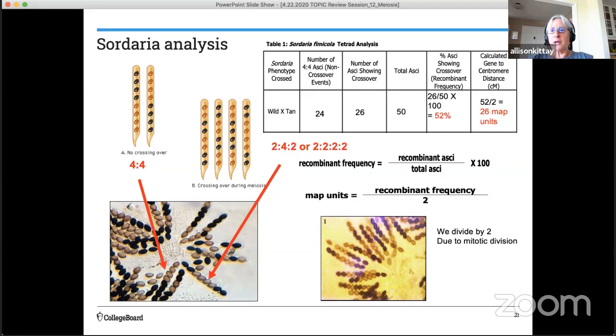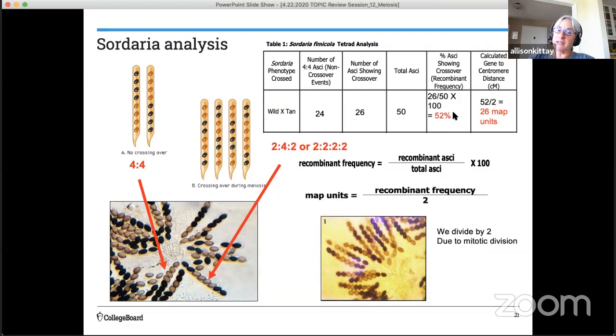So then what you can see is we want to calculate the recombination frequency. So that's how many actually crossed over out of the total number of asci. And so that's 26 out of 50, or 52%. Now remember that to figure out where that gene to centromere distance is, and remember that we are trying to find data to support the claim that the farther away that gene is from the centromere, the more crossovers will occur.